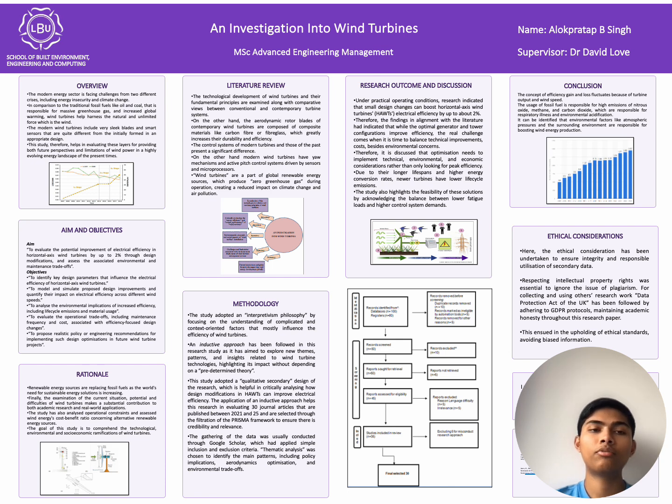The application of an inductive approach helps this research in evaluating 30 journal articles that are published between 2021 to 2025 through the filtration of the PRISMA framework to ensure reliability and connection. According to the figure, initially 100 articles were identified and 80 were registered, from which 20 were removed due to duplicate records, ineligible automation tools, and other reasons.